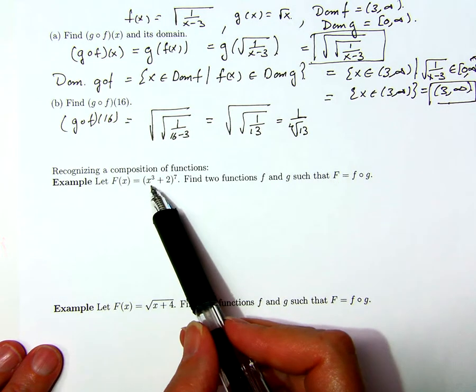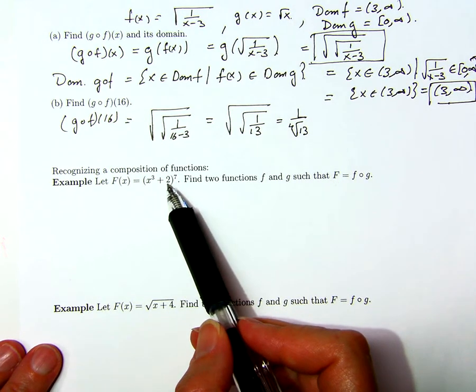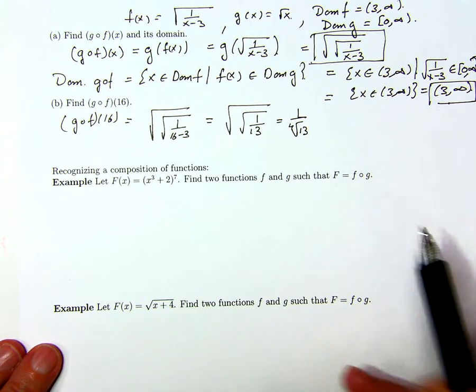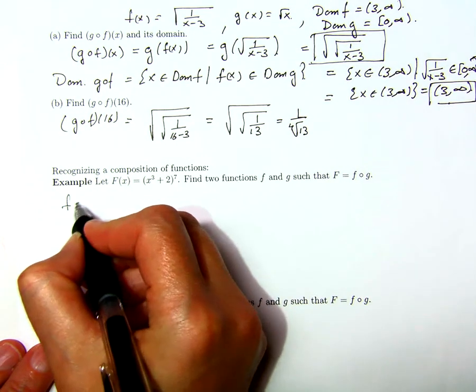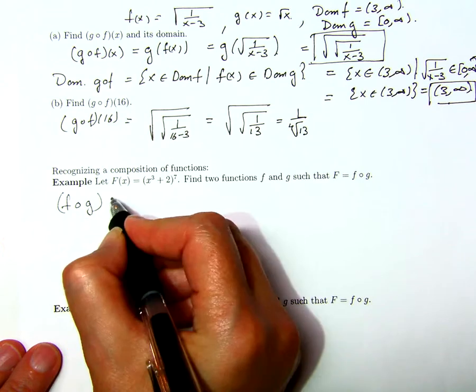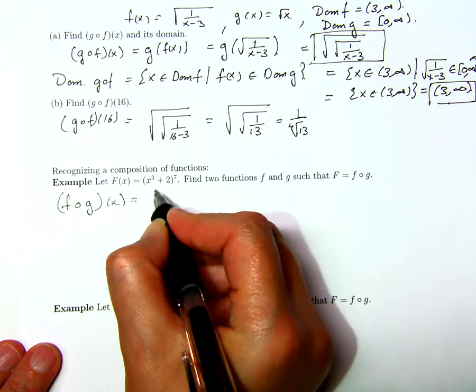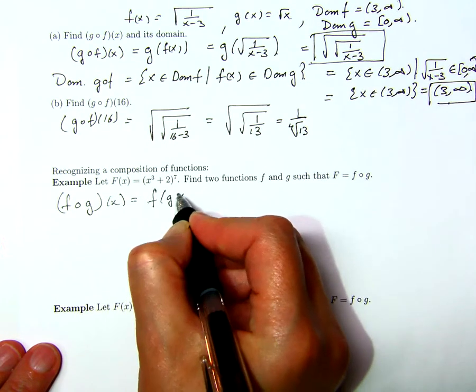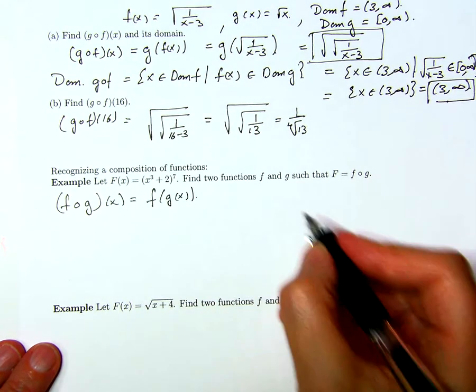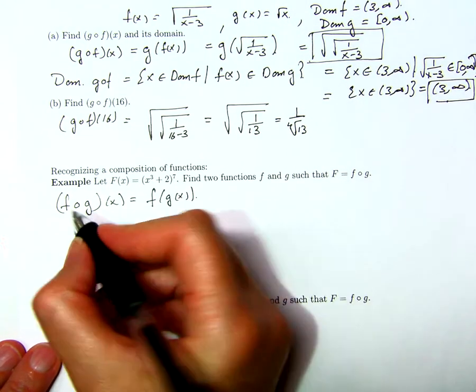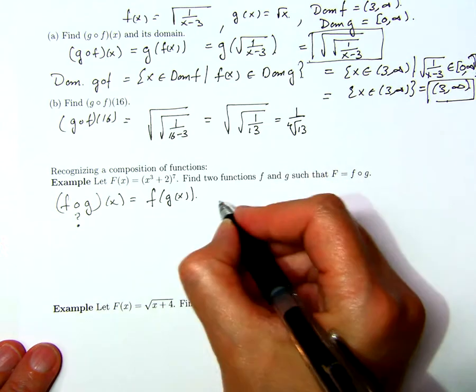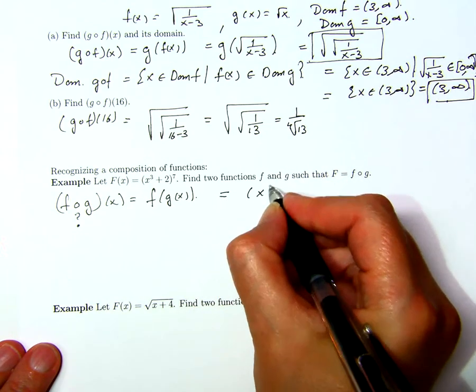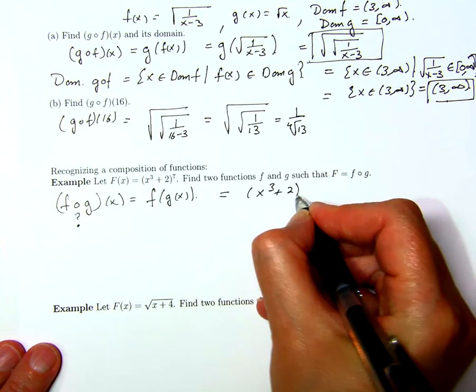So we work from the inside out. So we're looking for f and g, which is f of g of x, and we would like this to be equal to x cubed plus 2 to the power of 7.